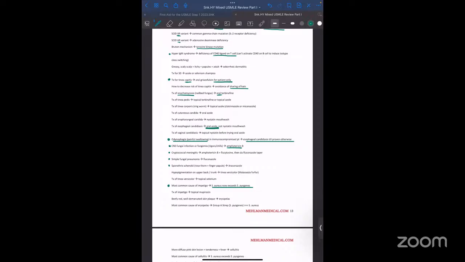Anyway, that other choice was not there, so it was okay. Back to this: beefy red, well-demarcated skin plaques is erysipelas. Most common cause of erysipelas is group A strep pyogenes more than Staph aureus. So for impetigo, Staph aureus precedes. For erysipelas, group A strep.